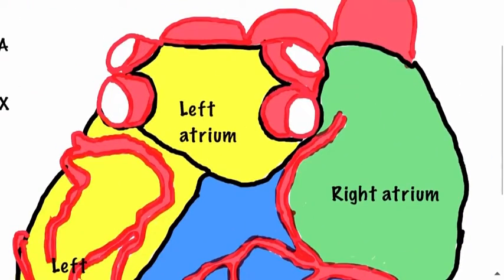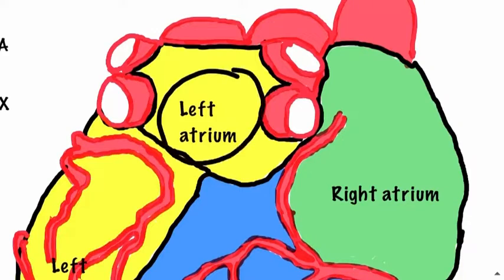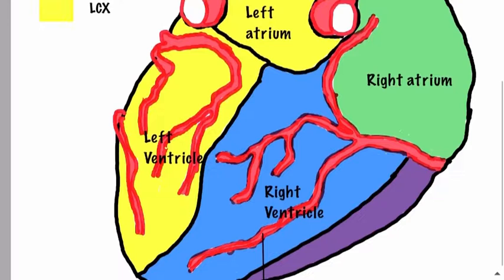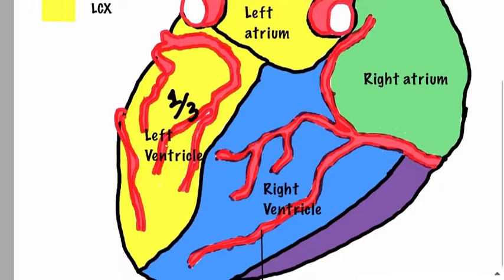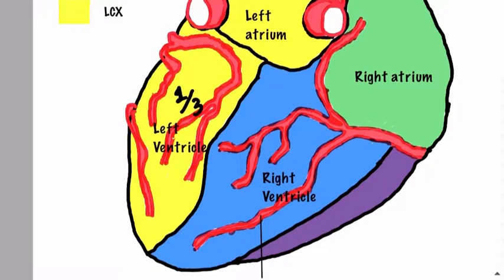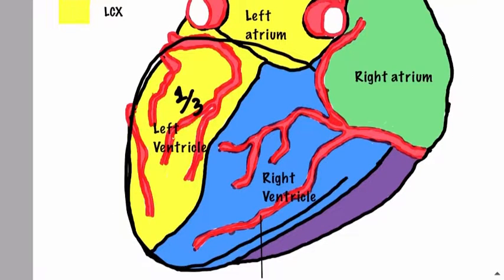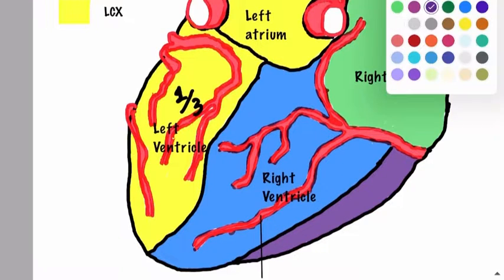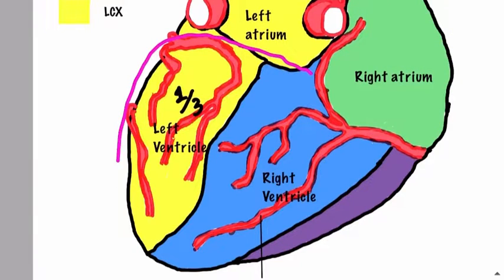As I just mentioned, LCX supplies the left atrium, but it also supplies 1/3 of the posterior wall of the ventricles. Let me highlight it with a different pen so that you can understand. Let's choose the pink one. So guys, this is the posterior wall of the ventricles, both the right and the left ventricles.